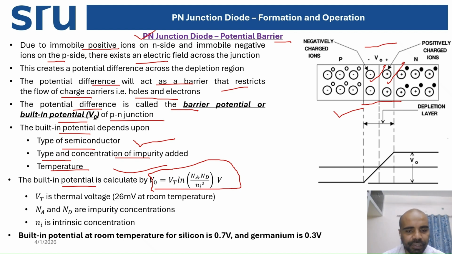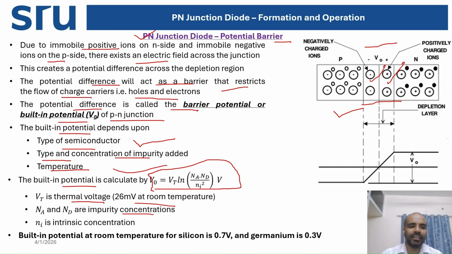V0 equals Vt ln(Na·Nd / Ni²), where Vt is the thermal voltage, right, which is equal to 26 millivolts at room temperature, and Na and Nd are the impurity concentrations, that is, the concentration of acceptor impurity and donor impurity, right?